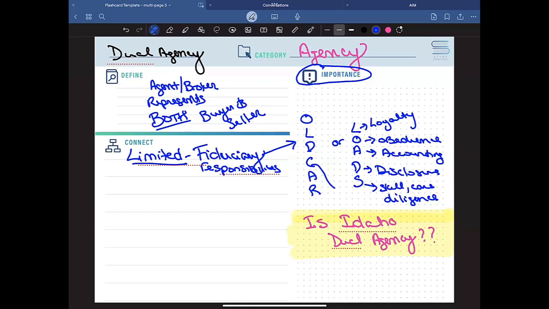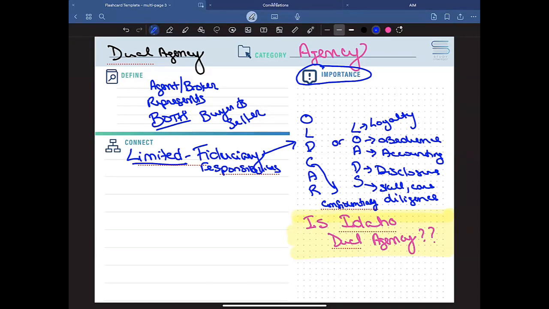The C stands for confidentiality. So if you're learning LOADS, you just put the confidentiality under loyalty, or whichever. So that's what you would get if you are somebody's buyer's agent or seller's agent, but all of a sudden it's limited in dual agency.